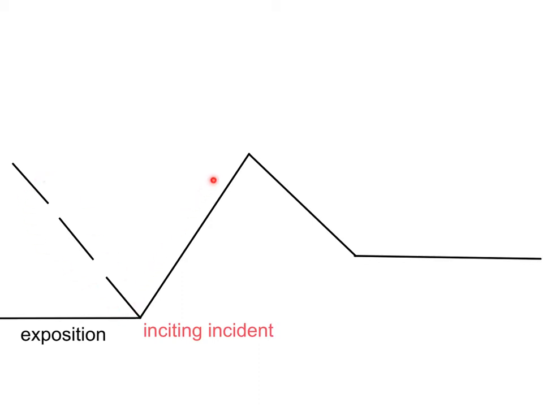We then have this line going up, oftentimes referred to as the rising action. But remember, the important part is that you're using the vocabulary of the classroom. And we have deemed this the complication.